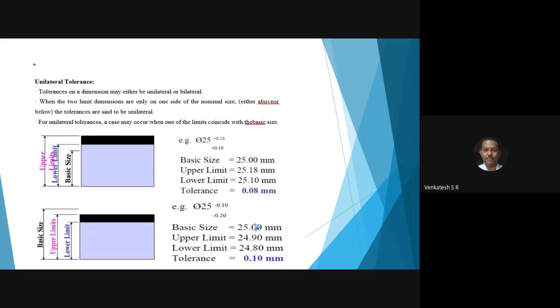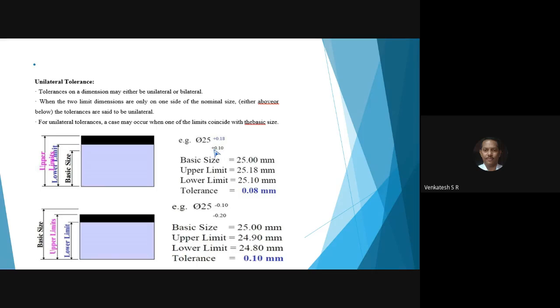The limit of dimension, either above or below the nominal dimension, is called unilateral tolerance. For this, a good example you have here: diameter of the shaft 25. Both the upper limit and lower limit are positive. Remember, both are positive.